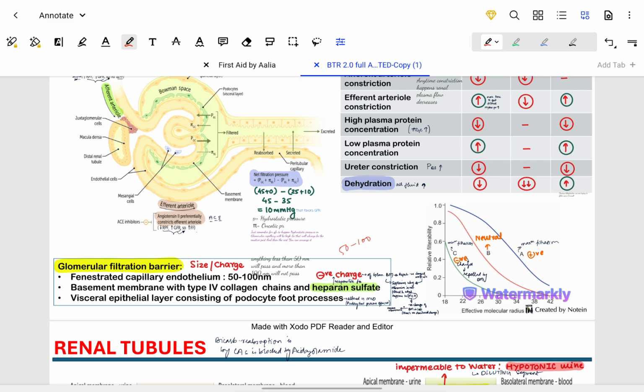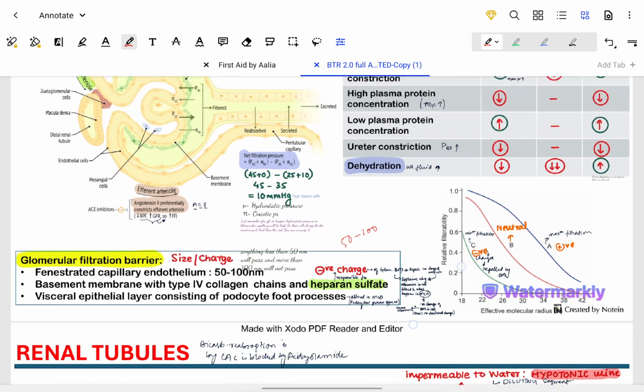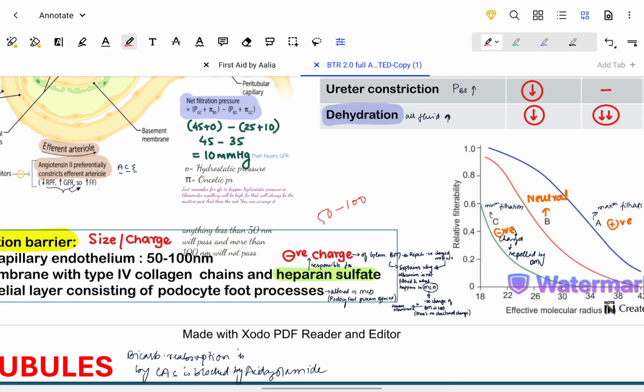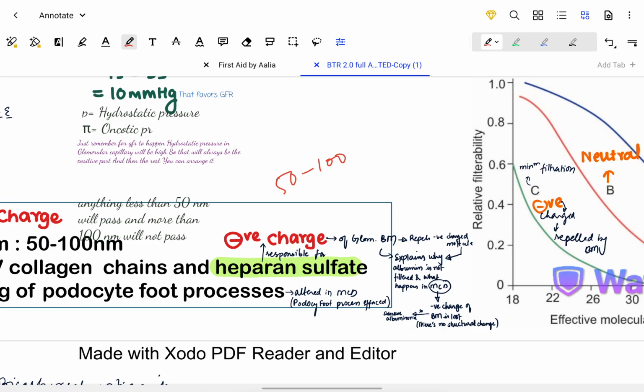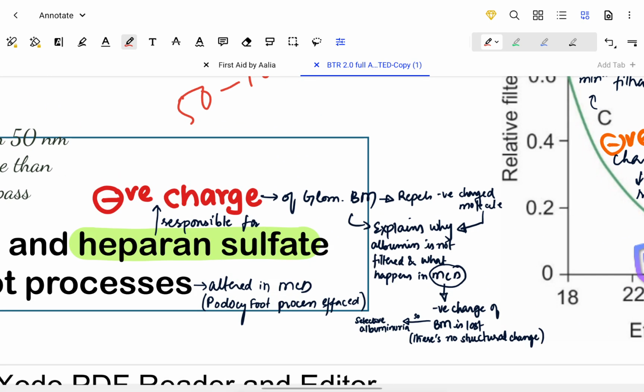What does a negative charge do? It repels negatively charged molecules and attracts positively charged molecules. This explains why albumin is not filtered and there is no albumin in urine. Albumin is negatively charged, and the heparan sulfate repels the albumin.